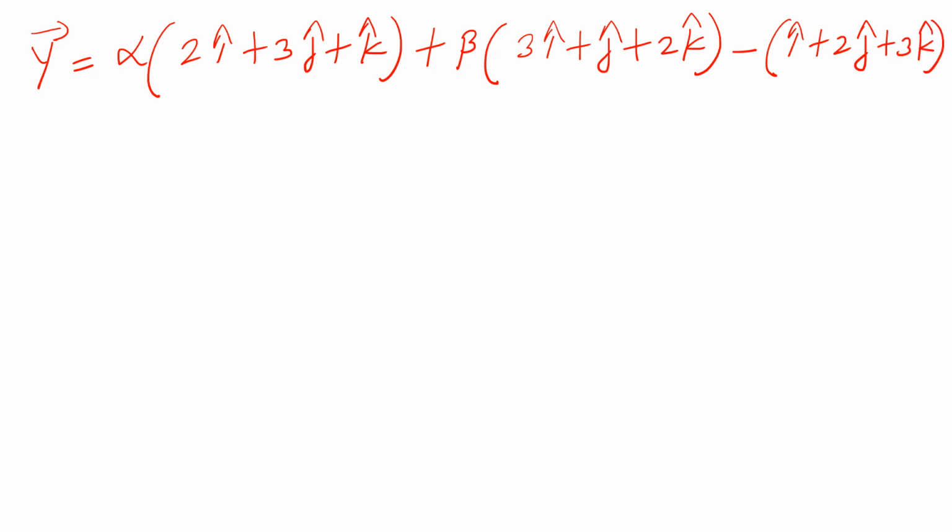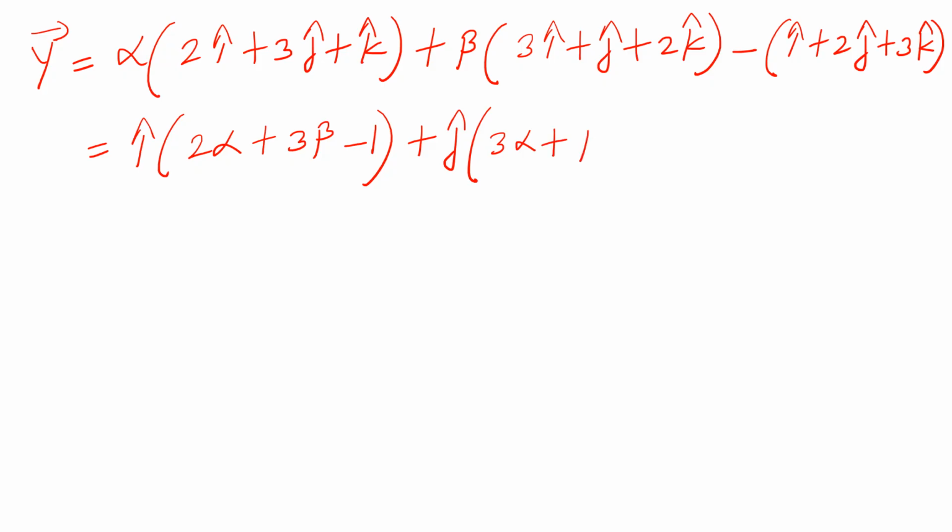This can further be written as i into (2 alpha + 3 beta - 1) plus j into (3 alpha + beta - 2) plus k into (alpha + 2 beta - 3).